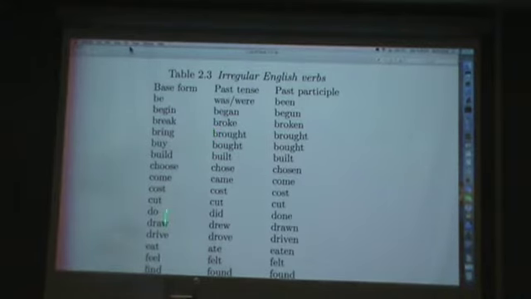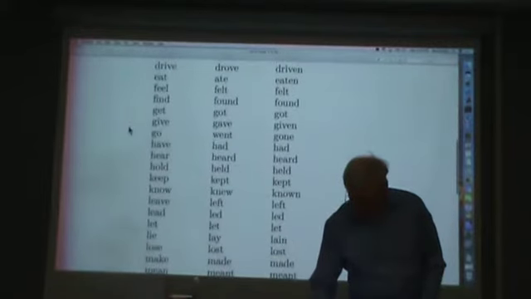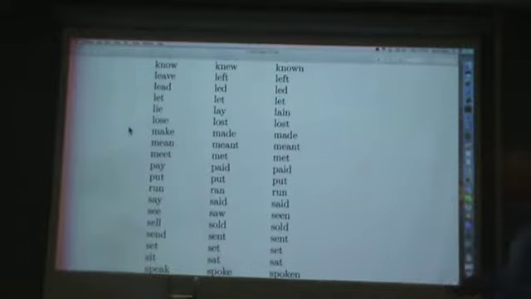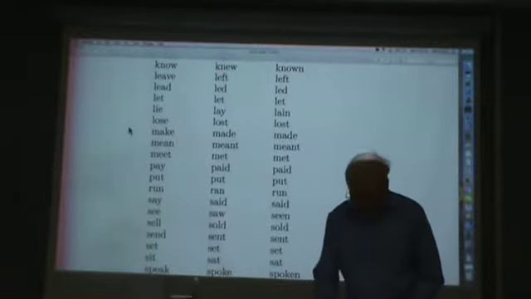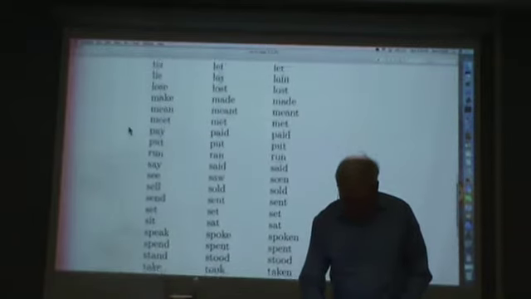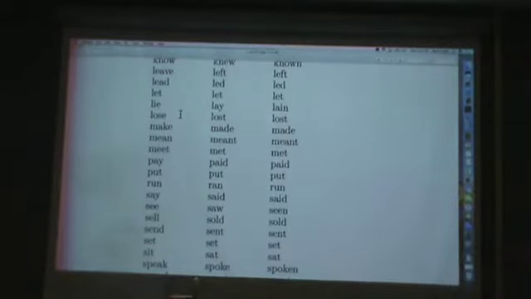I guess one doesn't have too much trouble with cut, but if you are writing something, you can download this PDF from the class webpage and consult it, because you can also just Google the verb in question. As I said, lie, lay, and lain is one of the tricky ones, and it gets confused.